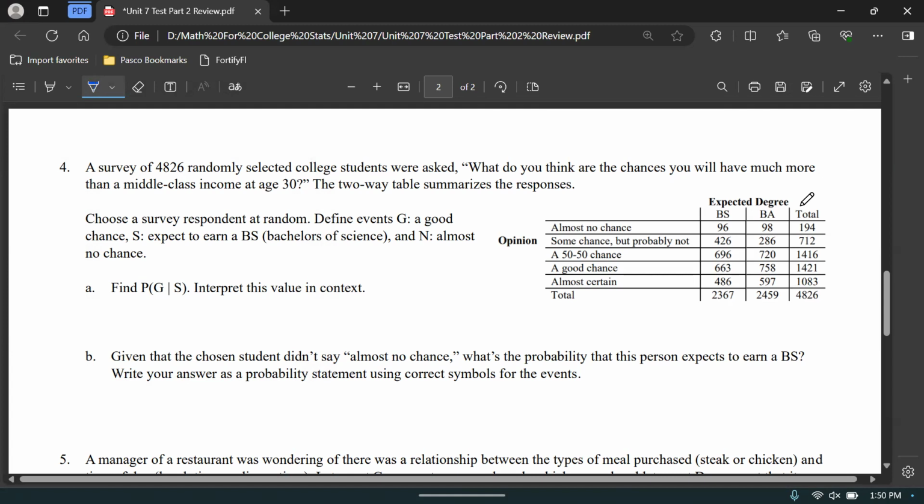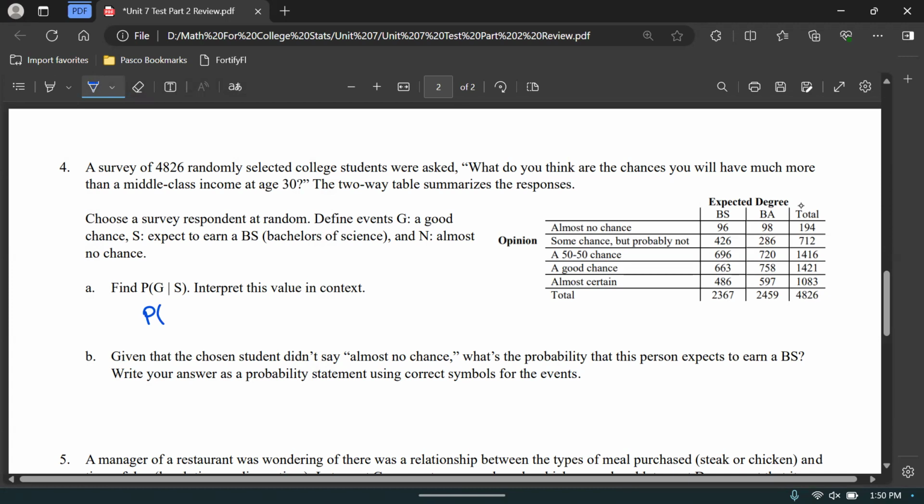Choose a survey respondent at random. Define events G as a good chance, S as expect to earn a Bachelor of Science, N as almost no chance. Find G given S. So G means a good chance given they expect to earn a Bachelor of Science.